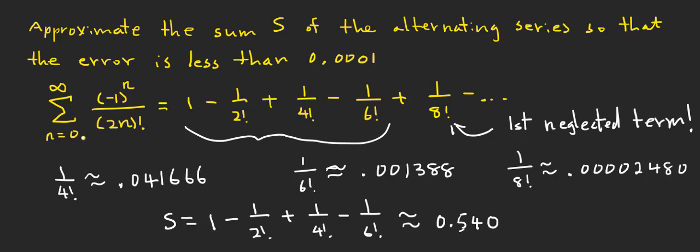And notice, when we talk about finding the error of an alternating series, you need to show that this is a converging alternating series. Also, it's better to say that S of 4, because we had 1, 2, 3, 4 terms, S of 4 will have an error less than 0.001.